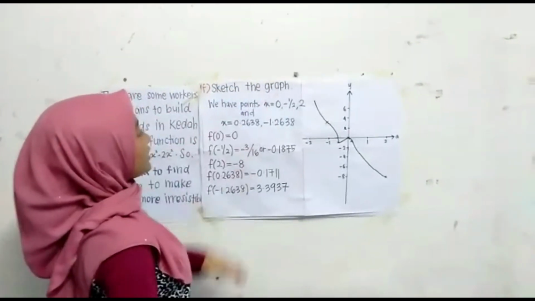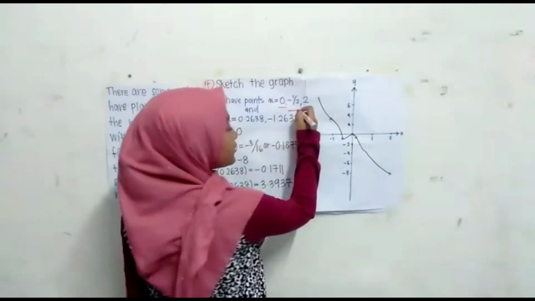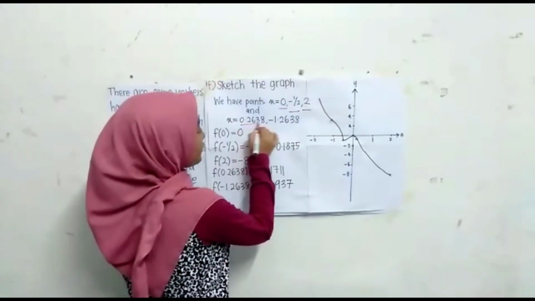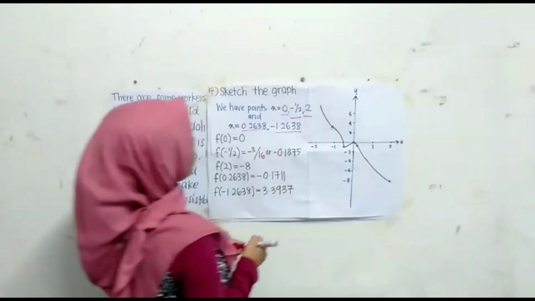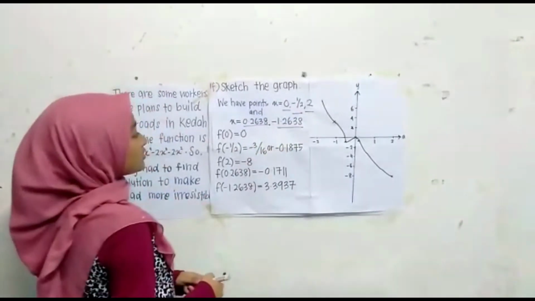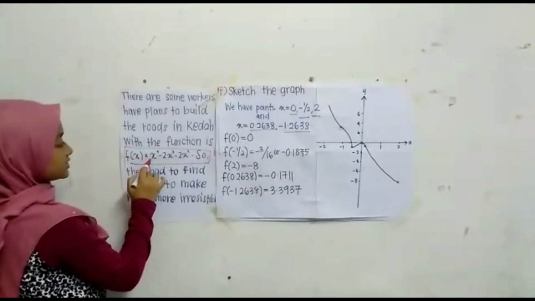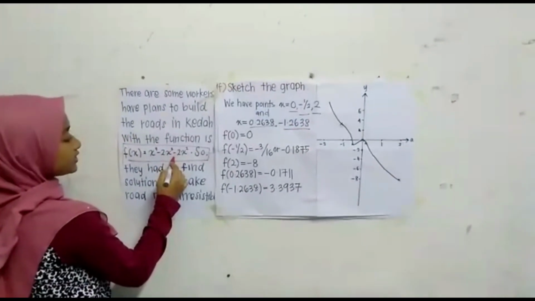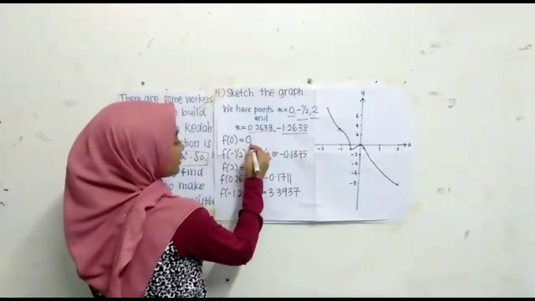Sketch the graph. Okay, we have 5 values of x, which are 0, negative 1 over 2, 2, 0.2638 and negative 1.2638. We must use all these values of x and substitute them in this equation, which is f(x) equal to x to the power of 4, minus 2x to the power of 3, minus 2x to the power of 2. So for f(0), we got 0.